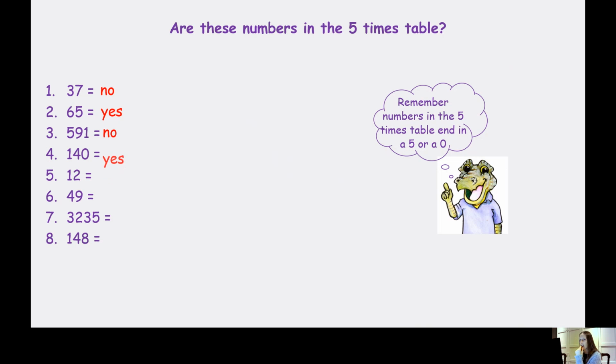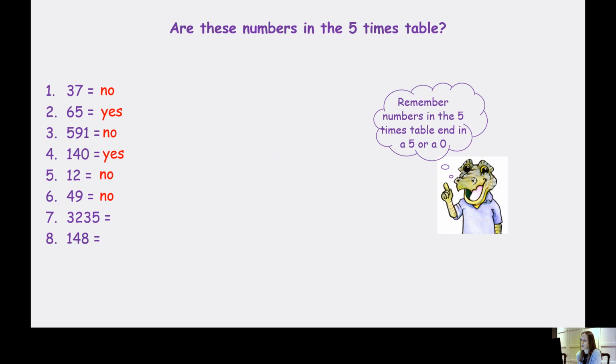140, that is a yes, because it ends in a 0. 12, well, that's a no, because it doesn't end with a 0 or a 5. And then 49, that's a no as well, for the same reason. It doesn't end with a 0 or a 5. And then this is a huge number, 3,235. It would be tough to count up to that one in the 5 times table.